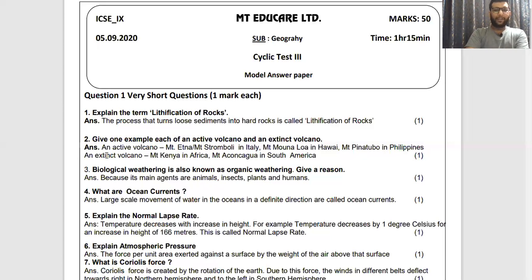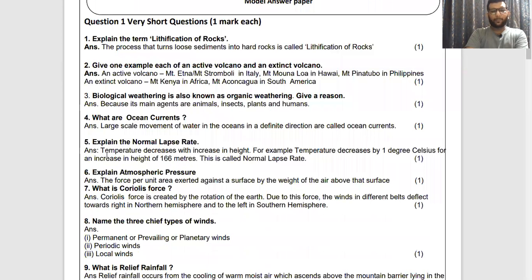All right, coming to the very next one. Explain atmospheric pressure. The force per unit area exerted against a surface by the weight of the air above the surface is atmospheric pressure, right? If given an option, and you find any other answers simple enough for you to attempt, please go ahead and do that.